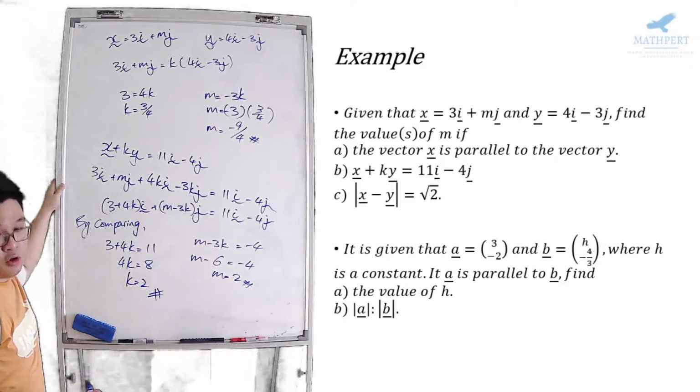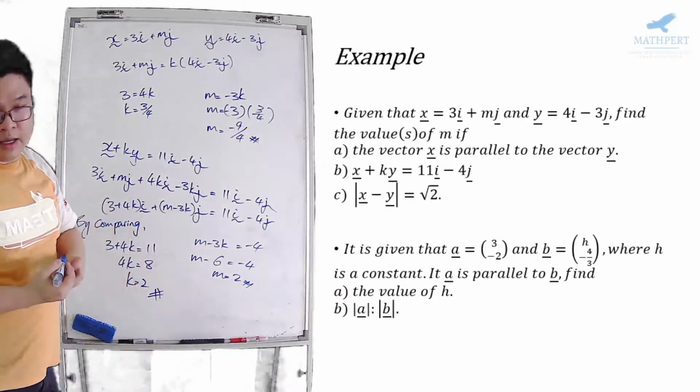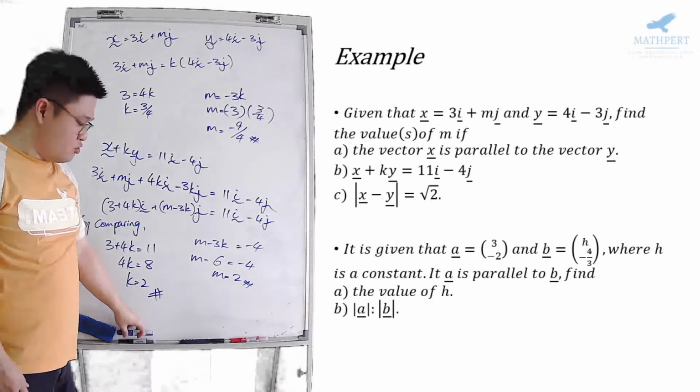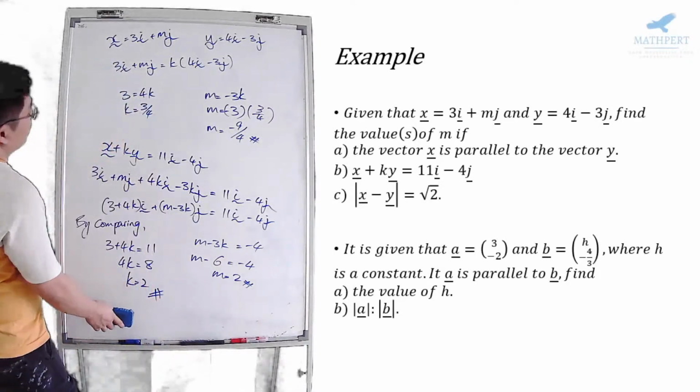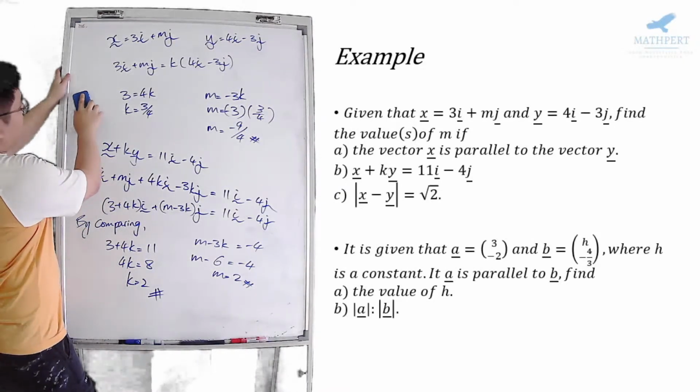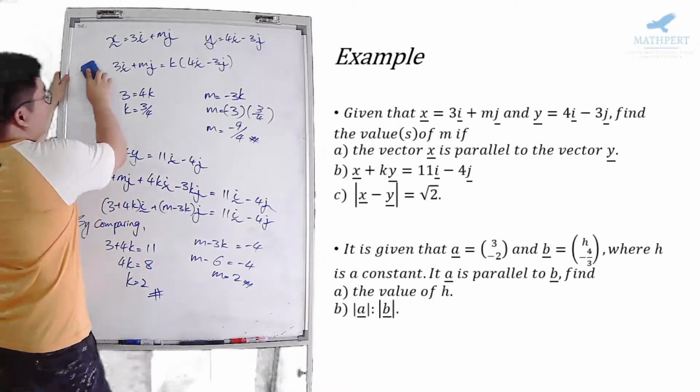So m will be equal to 2. Okay, the last one, modulo for x minus y equals to square root 2. Okay, let me clear this.